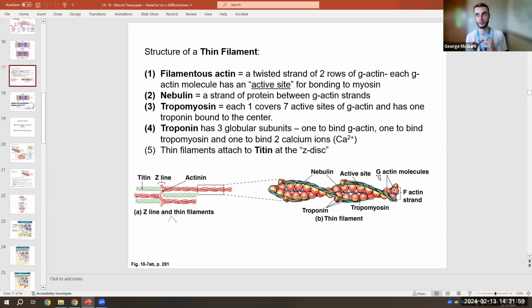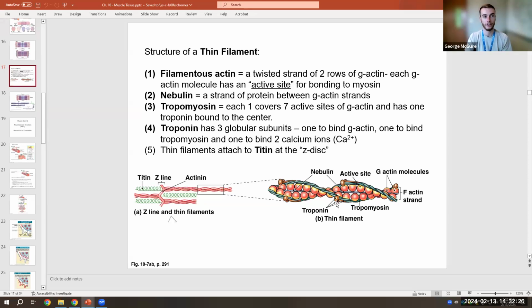When it does bond with something else, it typically changes shape, and that change in shape is what performs the actual function. So in this case, we have tropomyosin covering the active sites of these globular actins, these G-actins, and troponin is regulating that position.